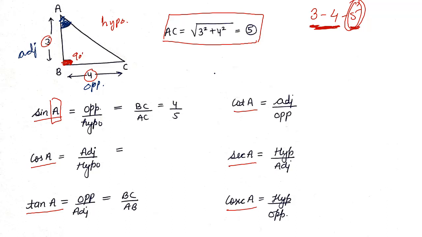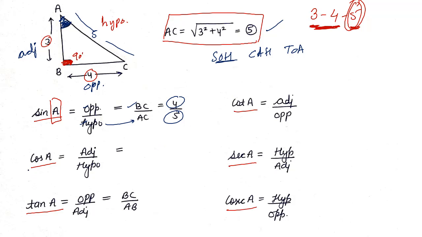Sine A: remember the shortcut TOA. Sine is opposite by hypotenuse, where the opposite side is BC and the hypotenuse is AC. BC is 4 centimeter and AC is 5, the hypotenuse we have already found. So sine A is 4 by 5.